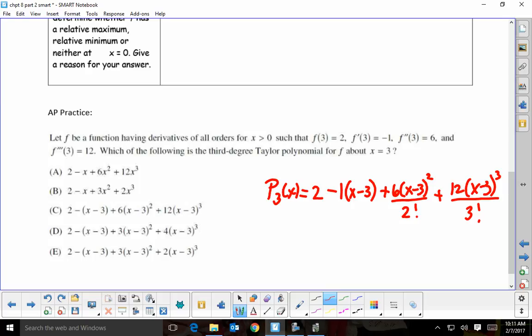So that's where you first start, with the general formula, and then you have to reduce. So 6 over 2 factorial is 2, which would give me 3. 12 over 3 factorial is 6, which would give me 2. So the answer was E.